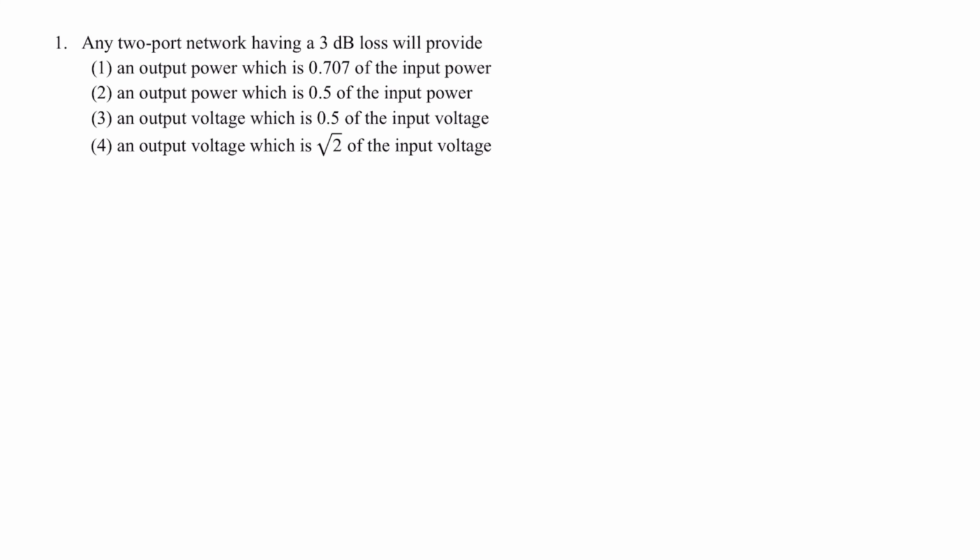First question. Any two-port network having 3 dB power loss will provide... Correct option is 2. The output power which is half of the input power. So given loss is 3 dB. So 10 log L is 3 dB.